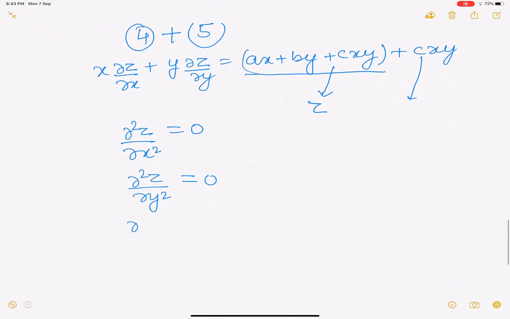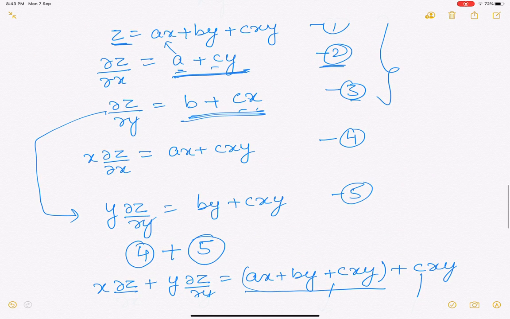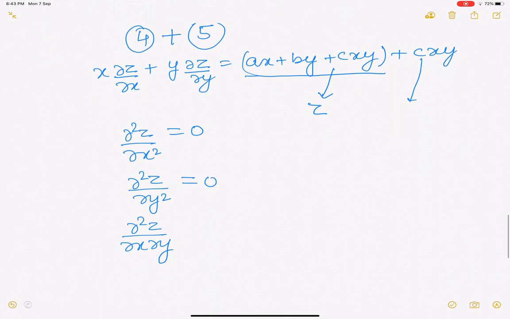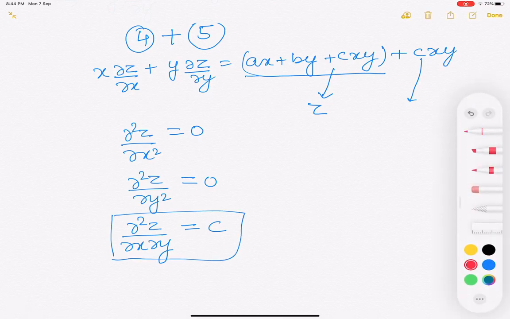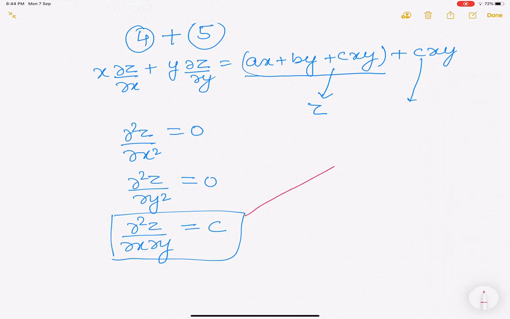Now let us find del 2z over del x del y. That is, let us differentiate equation number 3 with respect to x. So we get the value of c here. So this is equal to c. Since this is equal to c, we may put the value of c here and get the answer.